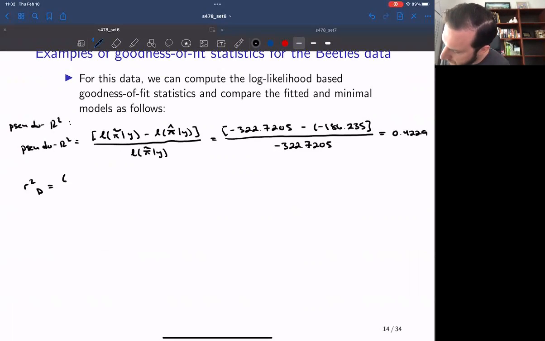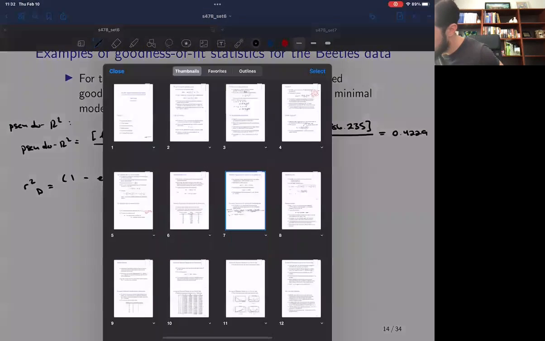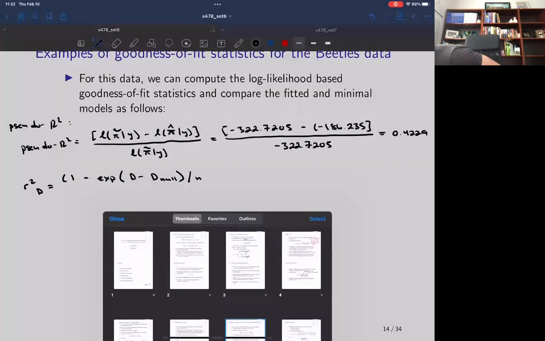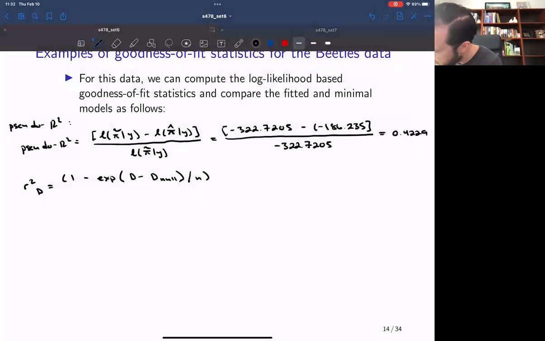This is going to be 1 minus exp of d minus d null, divided by little n, divided by 1 minus exp of d null divided by little n.